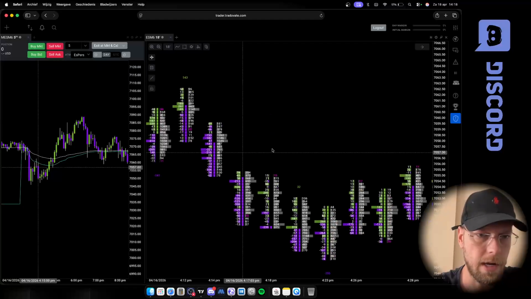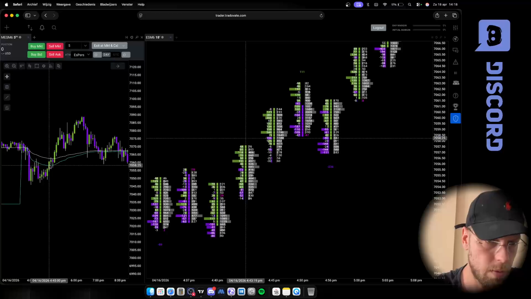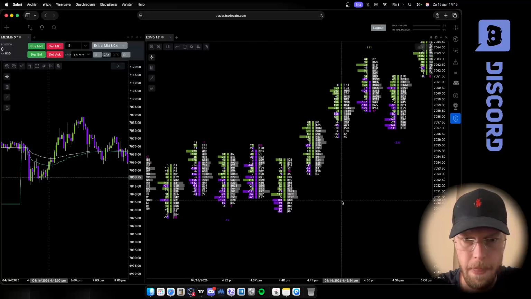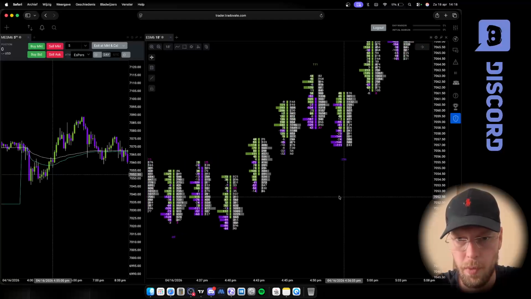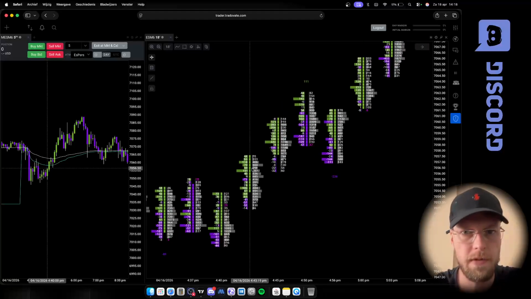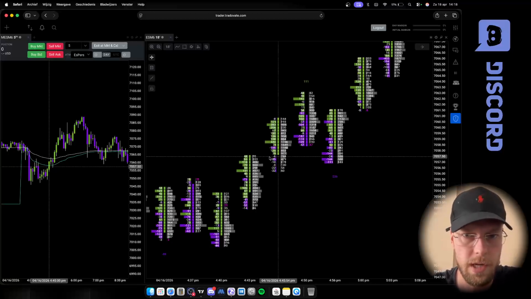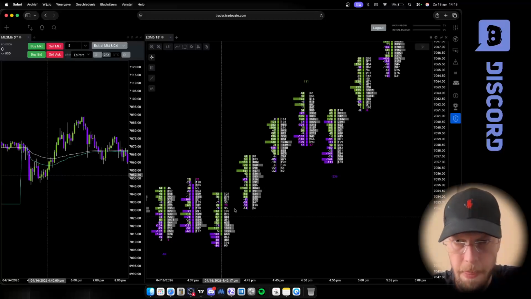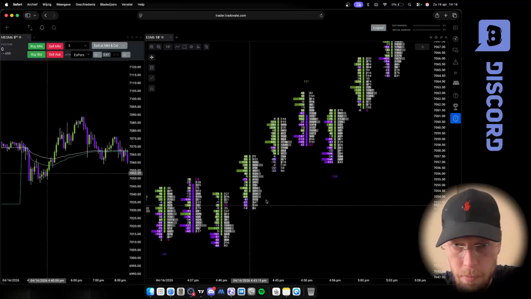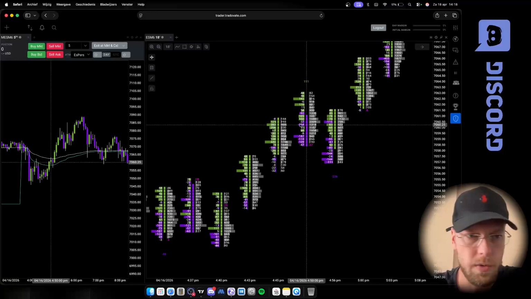Then we have a long, and we go to the VWAP again here, and that's this one. Well, it's obviously that if you are watching the footprint, it kind of prevents you from taking these kind of trades, because these were kind of aggressive moves to the upside.